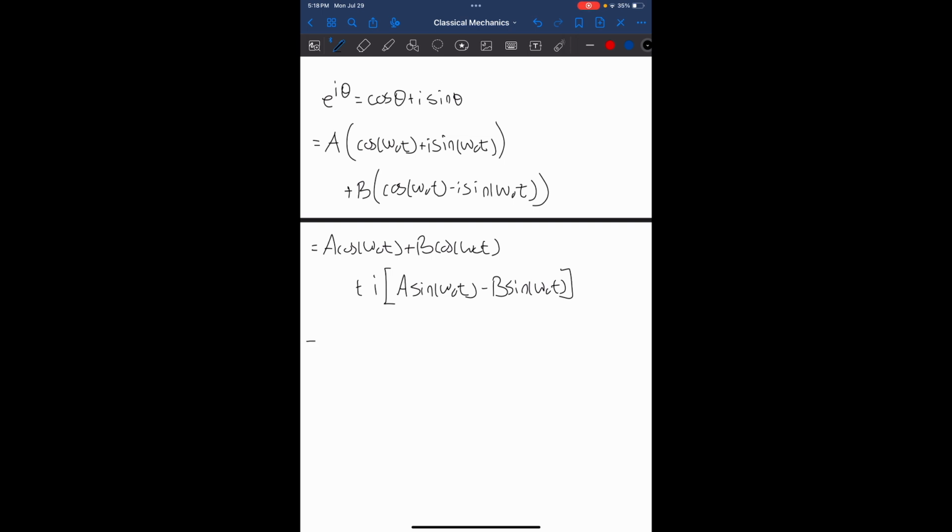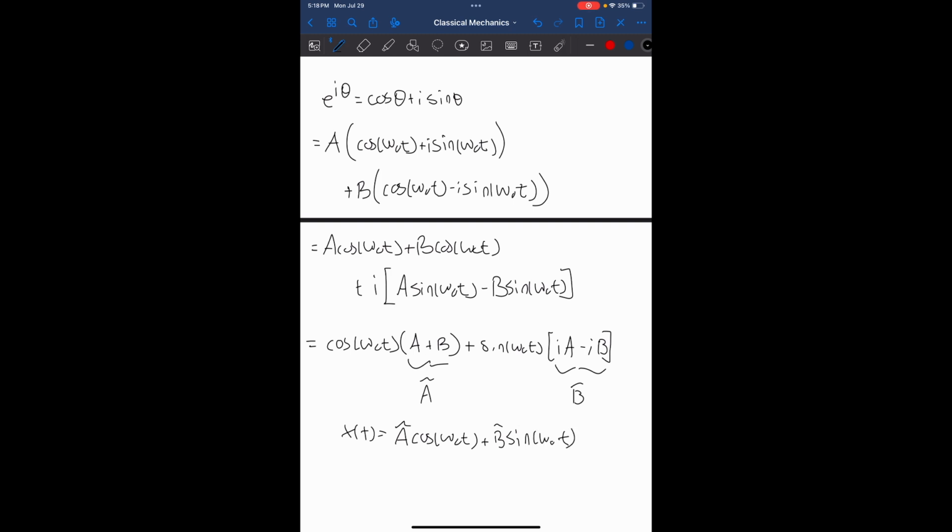We're going to factor out a cosine, and we're going to get cosine of omega naught t times a plus b, and then we're going to factor out a sine of omega naught t. And this is going to be sine of omega naught t times i a minus i b. We're going to define a plus b to be a new constant, a tilde, and i a minus i b to be a new constant, b tilde. And so x of t really can be written as a tilde cosine of omega naught t plus b tilde sine of omega naught t.